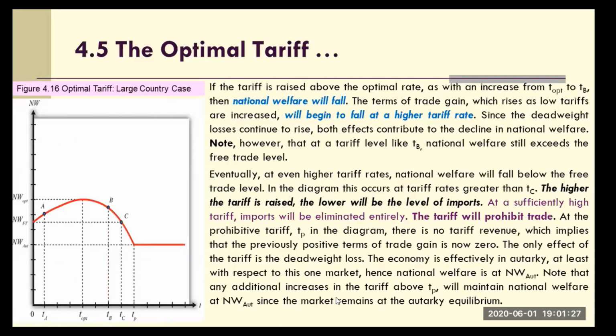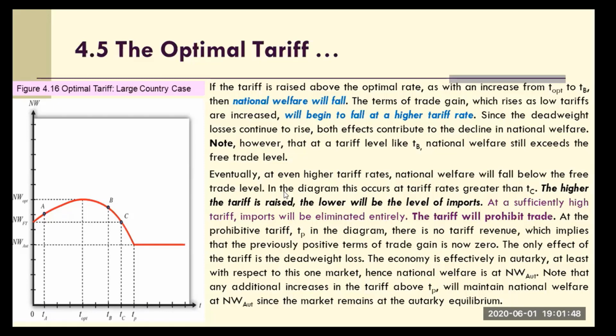Now let's see it in one simple diagram. The national welfare will fall. First, there is the national welfare at free trade, the national welfare at the optimum level, and the national welfare at the autarky level.